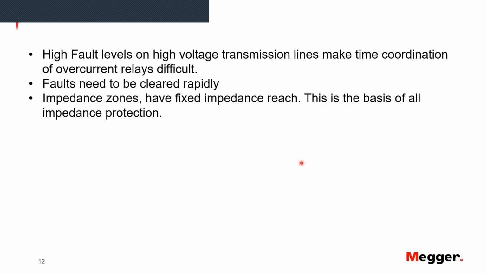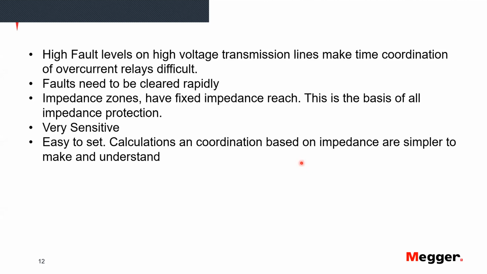We have, with distance protection, fixed impedance reach. We will see what that means a little bit later. And I'm going to say something that is very important. The basis of all impedance protection is the fact that the impedance zones have fixed impedance reach. They are very sensitive. They are very easy to set.